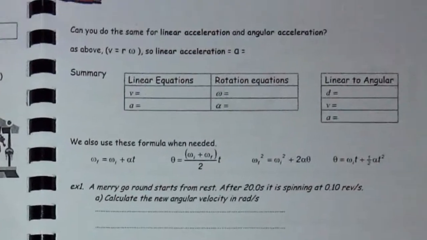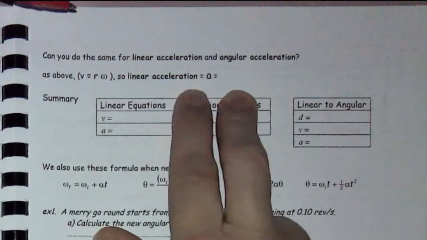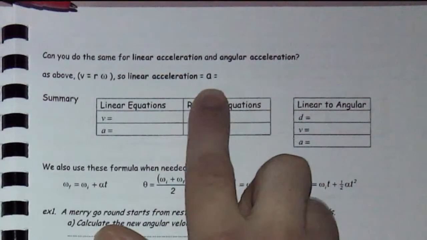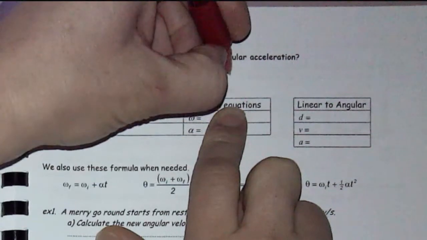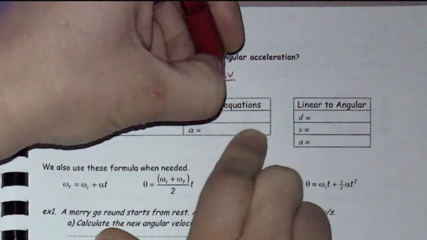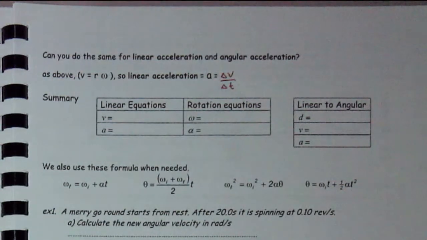We can do the same thing for linear acceleration and angular acceleration. So the linear acceleration, a, is equal to the rate of change of linear speed. This is kind of problematic because the linear acceleration is a vector, but if we make this change very, very small, then we can call it the tangential acceleration.